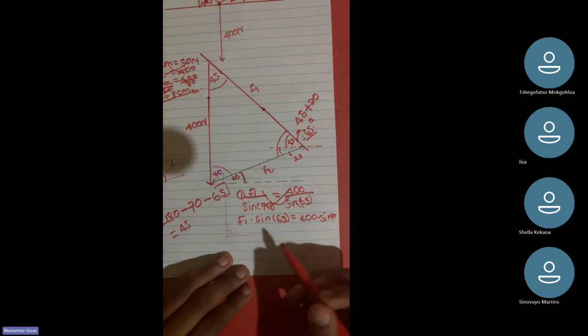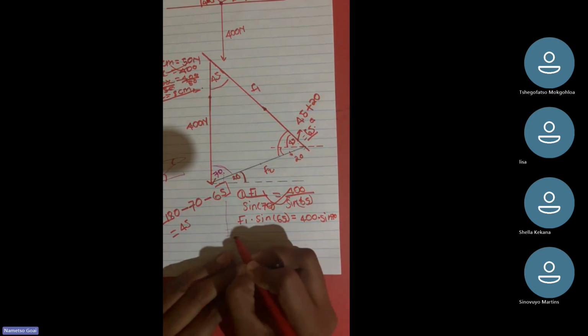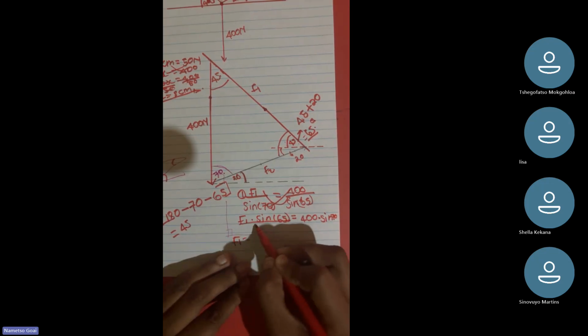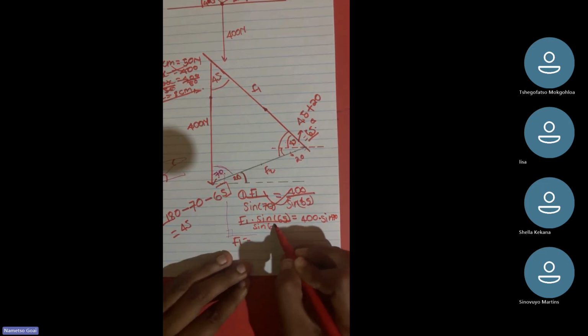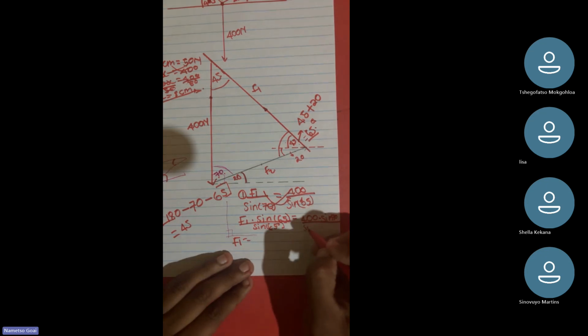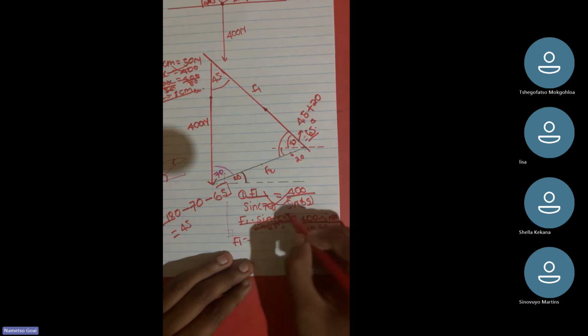Sine 70, right? So we're going to have F1 being equal to, we can divide both sides by sine 65 degrees. Divide this also by sine 65. So we'll have F1, this and this will cancel.